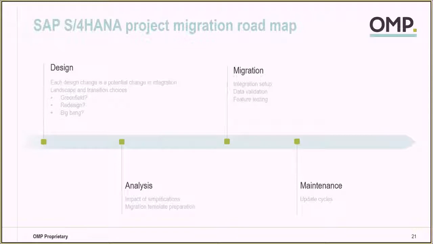During the analysis phase, the impact of simplifications can be further analyzed and migration templates can be prepared. During migration, it's very important to have the integration set up as early as possible. This allows you early data validation and feature testing, ensuring a smooth go live. Of course, also after go live, it's important to keep systems up to date and maintained well, following the update cycles of the various systems.